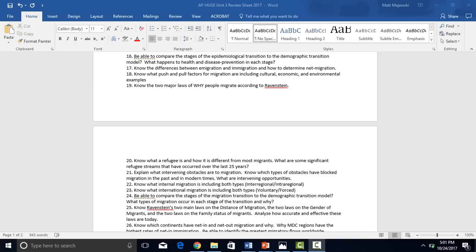Economic push and pull factors: jobs or a lack of jobs would be the push. An abundance of jobs, a lot of jobs, would be the pull. Maybe wages, lower wages might be a push, higher wages might be a pull. Benefits, like for your job, a lack of them would be a push, and more benefits would be a pull.